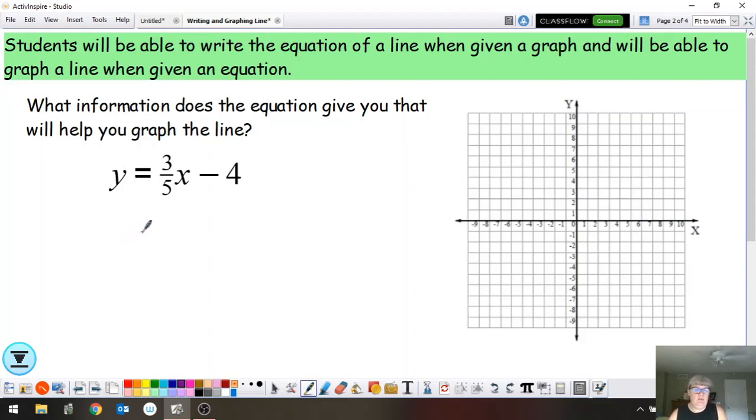Well, just like the last one, let's identify what we know. We know the slope, which is delta y over delta x, or change in y over change in x, is going to be 3/5. Because in y equals mx plus b, m is our slope.